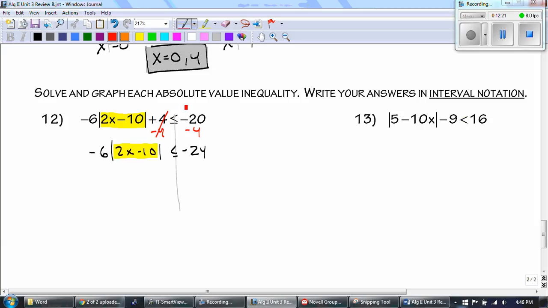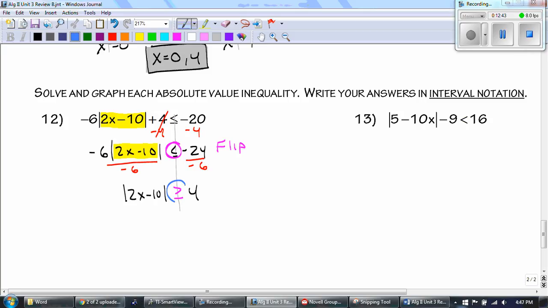Remember, you just can't say, oh, it's a negative, it's no solution. We have to get the absolute value by itself. Because when we do that and we divide by a negative, right here we have to flip the sign. I get the absolute value of 2x minus 10 is greater than 4.